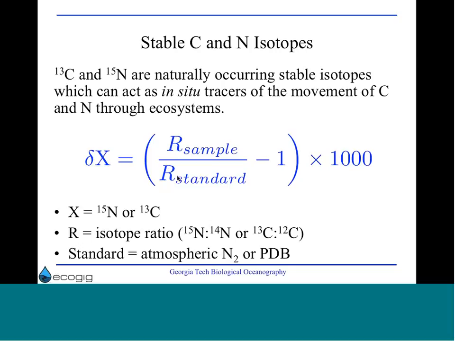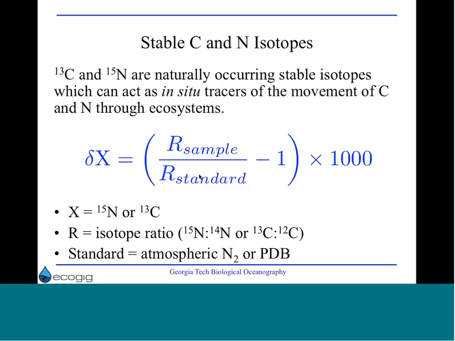Now, because that ratio of ratios is very close to 1, to make this thing numerically simple, we subtract 1 from that ratio of ratios, and then to get the decimal place in a convenient position, we multiply by 1,000. Because the isotopic standard we used for carbon was an inorganic carbonate, virtually all biologically interesting delta C13 values are negative.